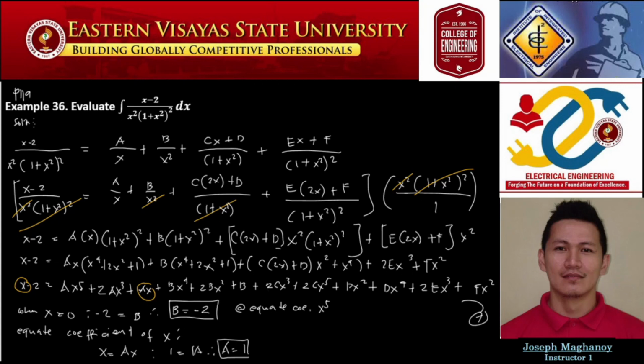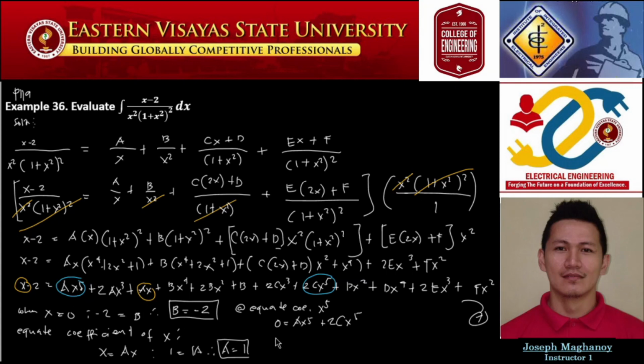Here on this side, none, so we have 0 on the constant side. On the other side we only have 2C x to the fifth, plus A x to the fifth.